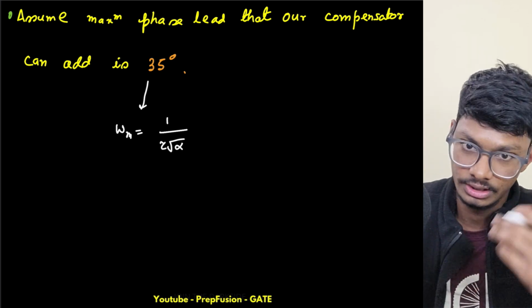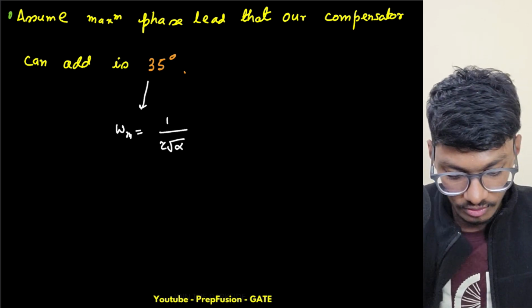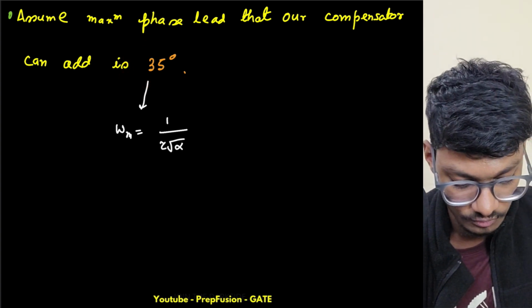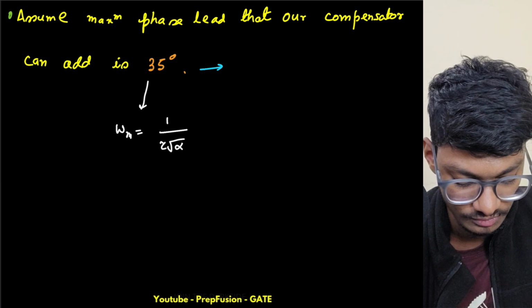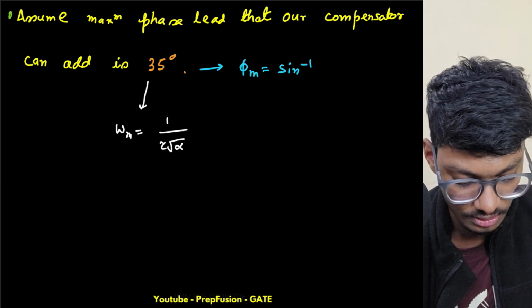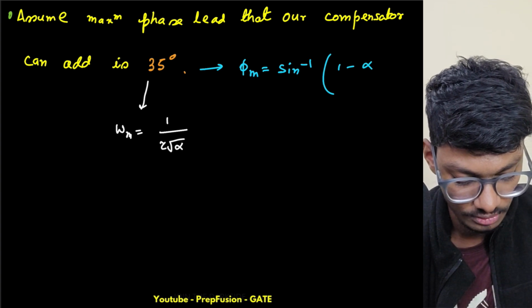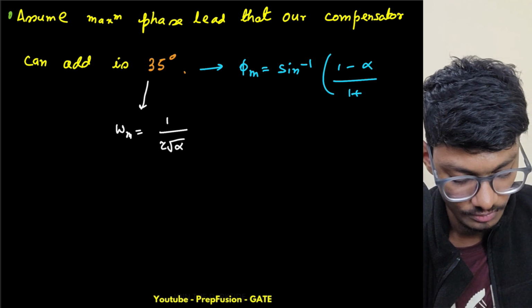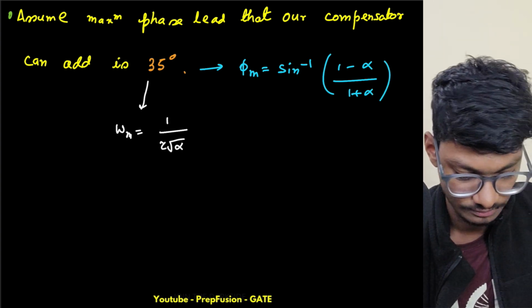So from here we will find the tau and alpha. If the maximum phase is this, then we know one formula for a lead compensator for the maximum phase, which is phi m equals sine inverse of 1 minus alpha divided by 1 plus alpha.